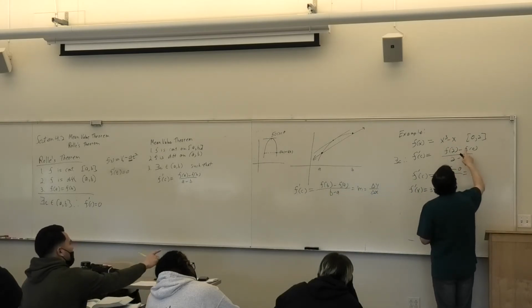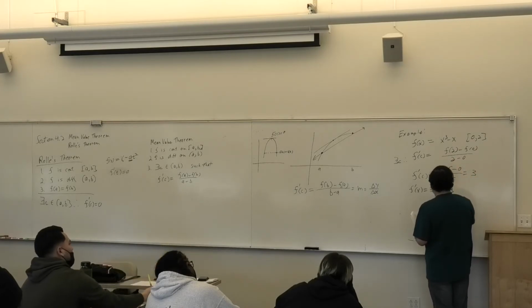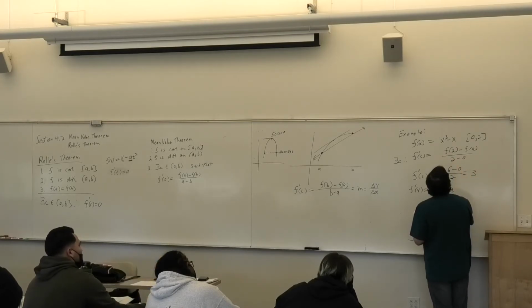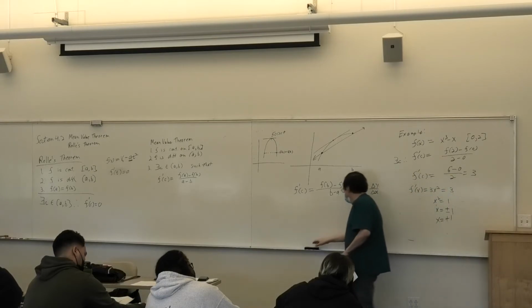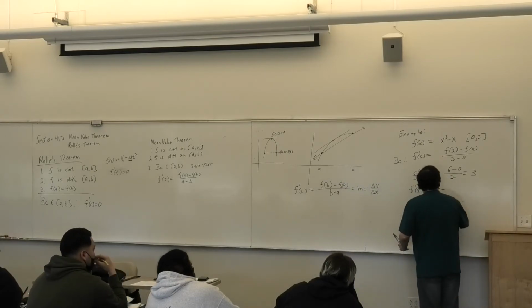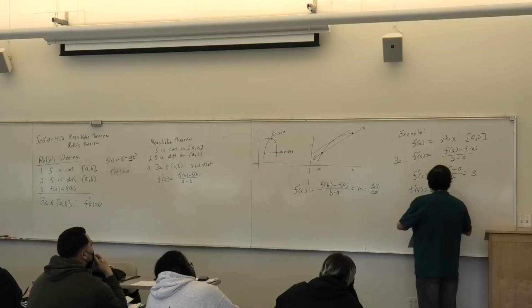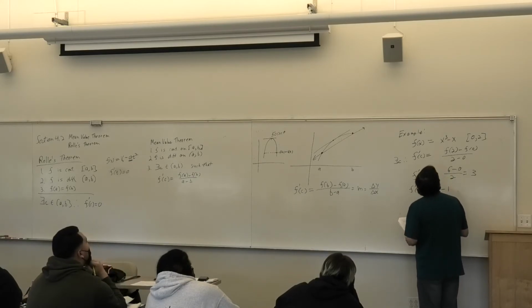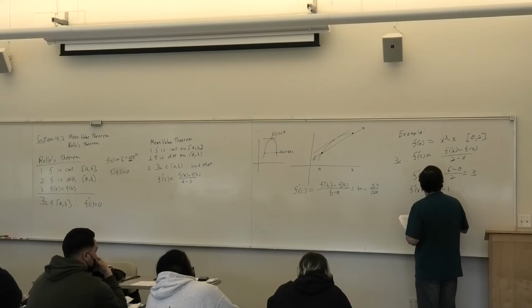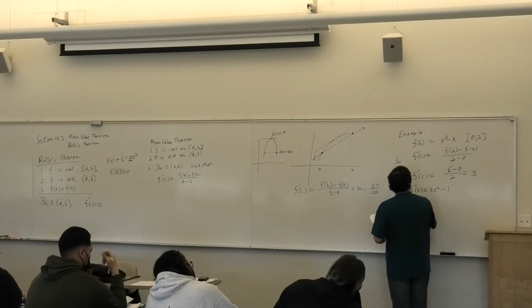It's 3x squared minus 1 on the bottom. Ah, thank you. Have to fix that. Like that, right? Yeah. All right, let's try again.